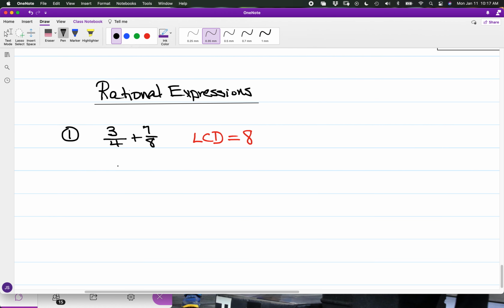And if I were to adjust the 3/4 into 8s, so you got 3/4 plus 7/8, and if I adjust the 3/4 and make this into 8s, what I'm going to do here is I can multiply 3/4 by 1. 3/4 times 1 is still 3/4.